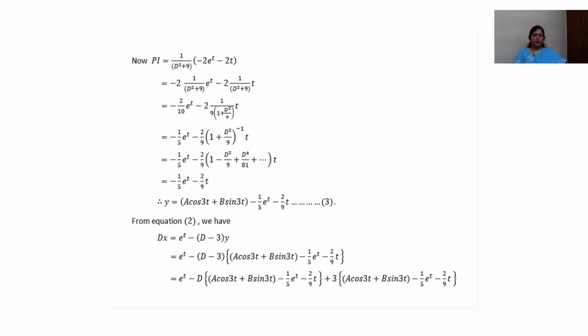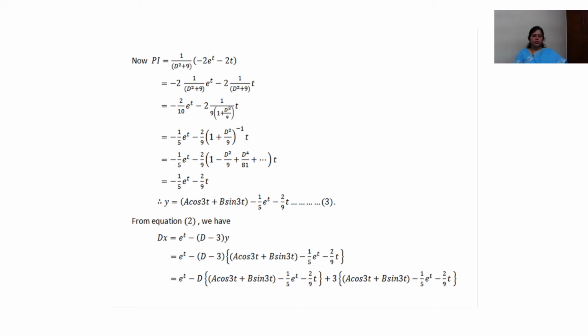So from equation 2, we can write dx is equal to e to the power t minus d minus 3 into y. So we are going to substitute the y value in this equation. We'll get dx is equal to e to the power t minus d minus 3 into a cos 3t plus b sin 3t minus 1 by 5 e to the power t minus 2 by 9 into t.